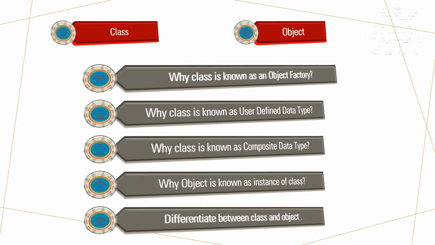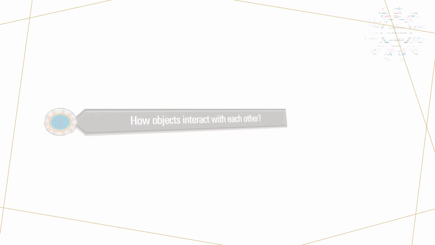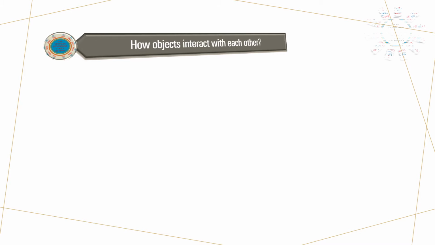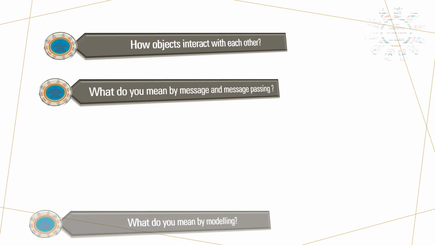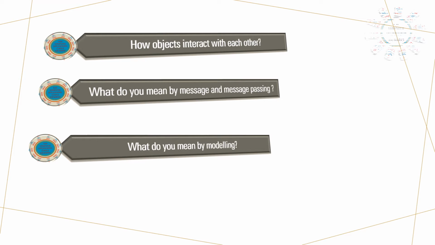All these are important questions. 1 or 2 questions can come from these topics. The next question is how objects interact with each other. What do you mean by message and message passing, and what do you mean by modeling? So these are the important questions that can come from this chapter in the ICSE board exam.